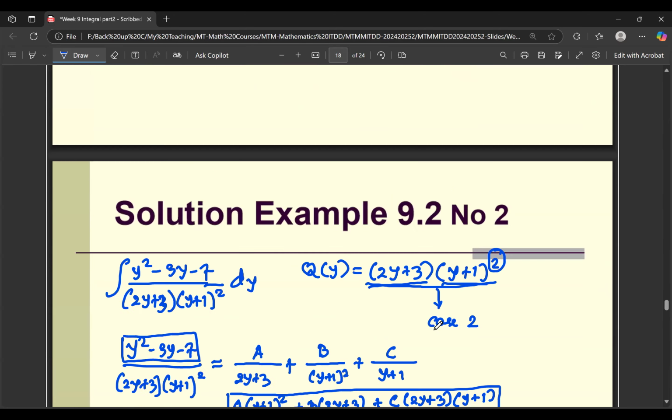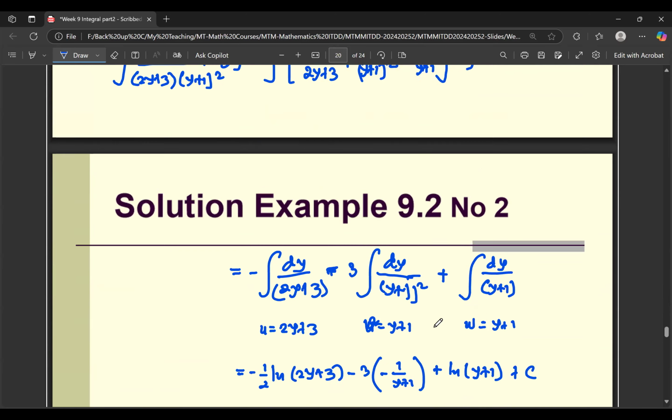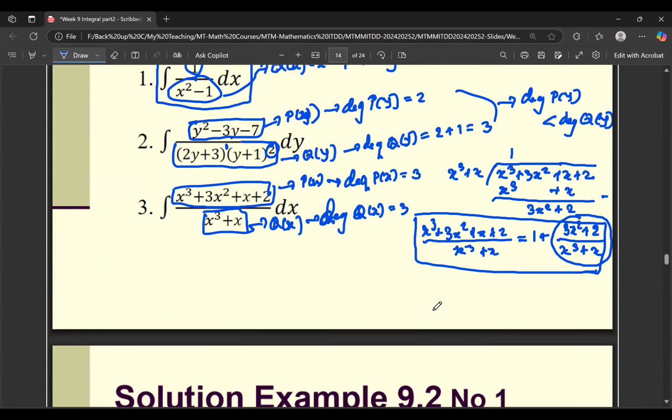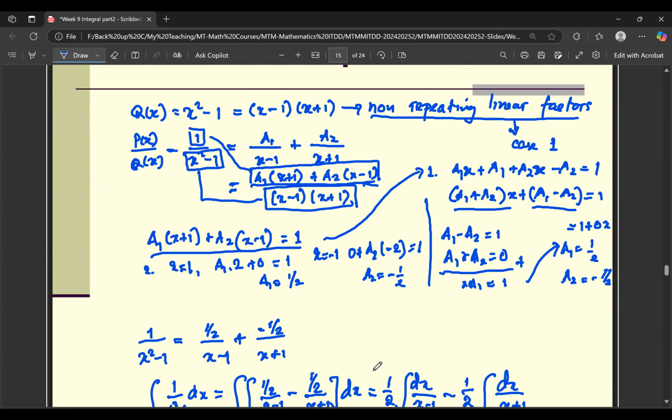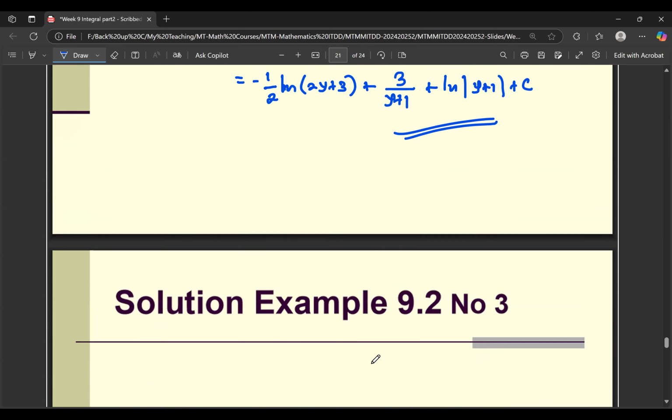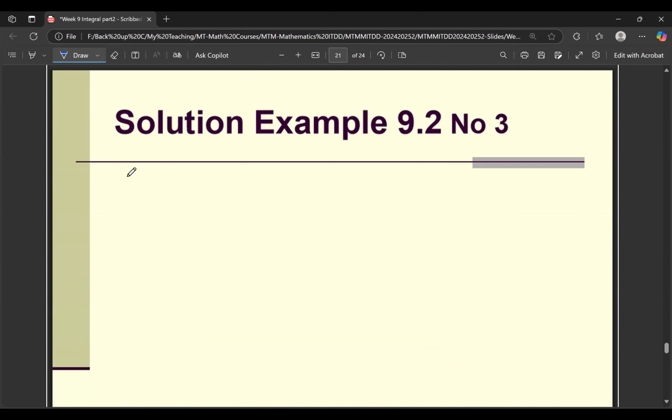The second component is (3x squared plus 2) divided by (x cubed plus x). So this is number 3. We focus on 3x squared plus 2 divided by x cubed plus x.